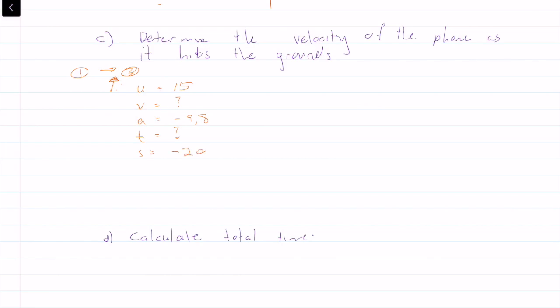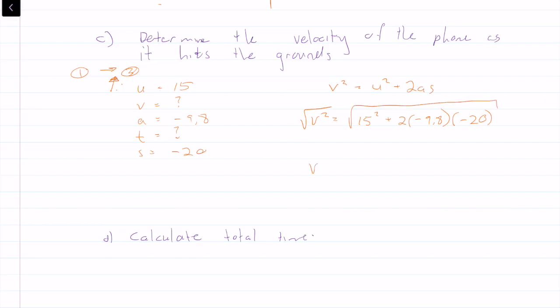Now that we have our UVATs, it's time to carry out a calculation. I think we can work with v squared equals u squared plus 2as. So we're left with v squared equals 15 squared plus 2 times minus 9.8 times minus 20. But I obviously want v, so I'm going to square root both sides.